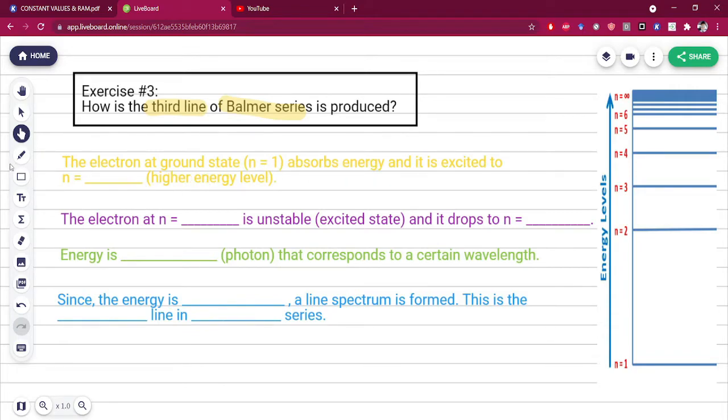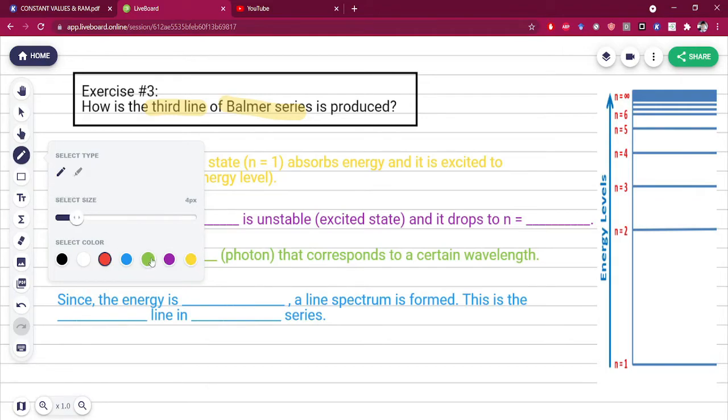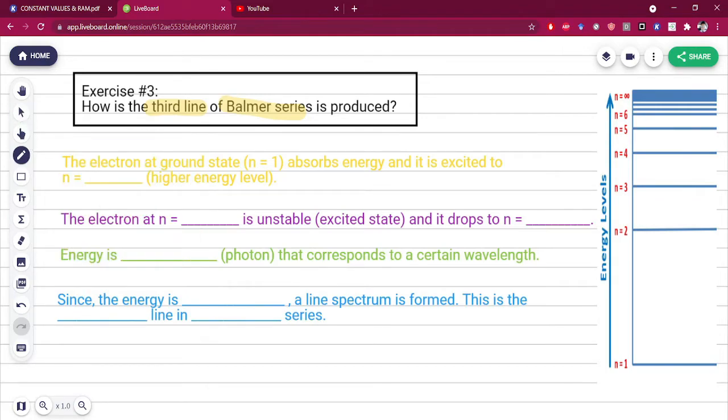Again, we're going to use what we have talked about just now. For Balmer series, first of all, you need to think about where the electron is going to drop after getting excited. Balmer series n final will be equal to 2.